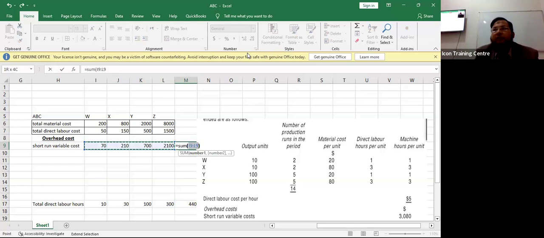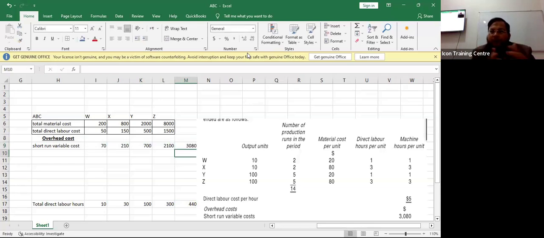Now you can see it is 3080. We have divided the short-term variable cost on the basis of direct labor hours. Right, sir? Okay.